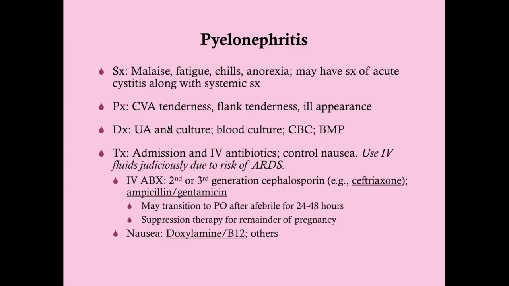Diagnosis, you'll certainly want to get a urinalysis and culture, especially with that CVA tenderness and flank tenderness. You want to get a blood culture. Anybody who looks septic should be getting a blood culture. You want to get a CBC to look for signs of infection, and you'll want to get a metabolic profile. You'll typically want to get a metabolic profile on anybody you think is really sick, because you want to look for electrolyte disturbances.